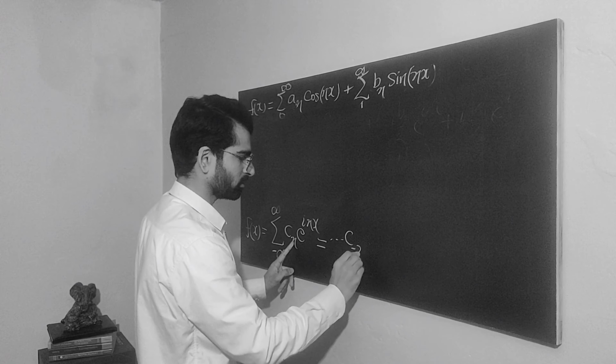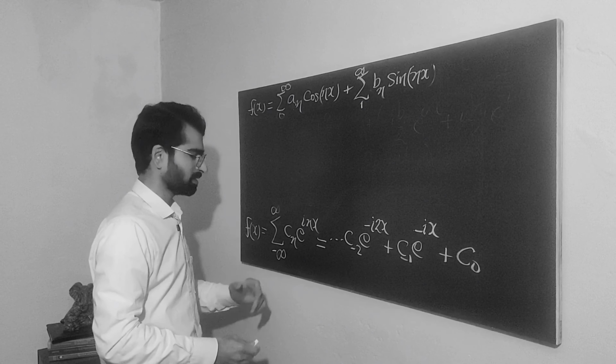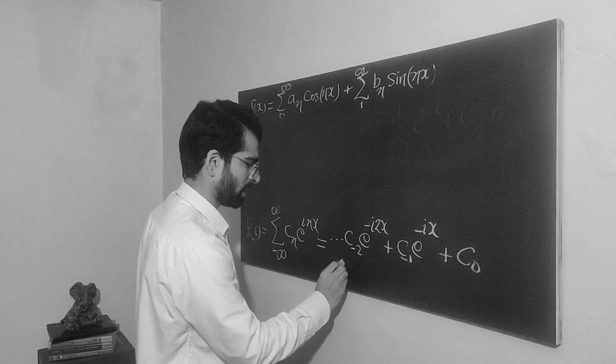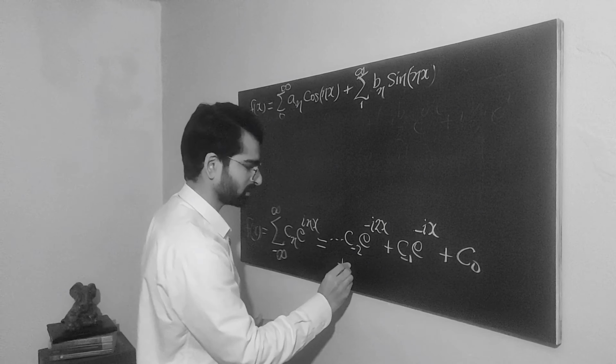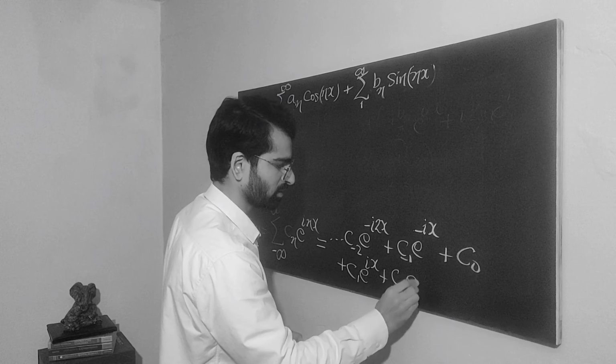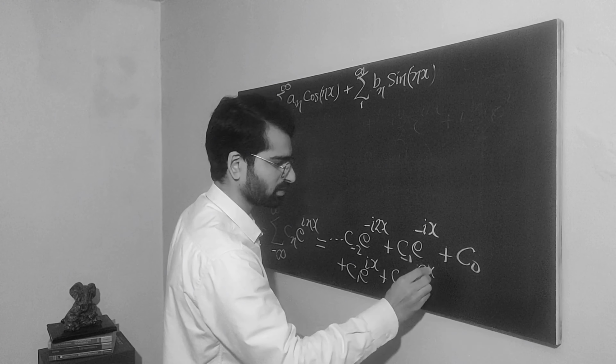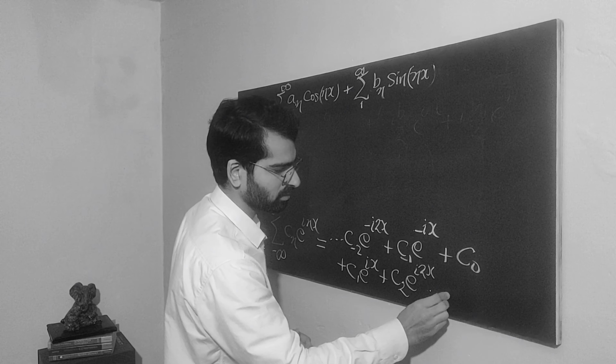Then the next will be minus 1, C negative 1 times e to the minus ix. And then you get C0. Look, your C0 is back. And then you have 1, C1 times e to the ix. The next term will be C2 times e to the i2x. And then it moves forward.